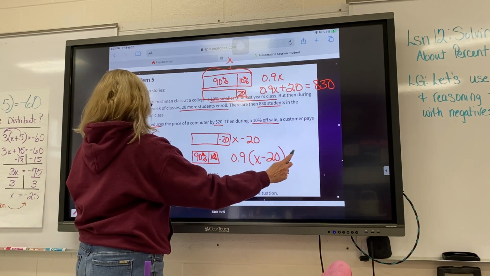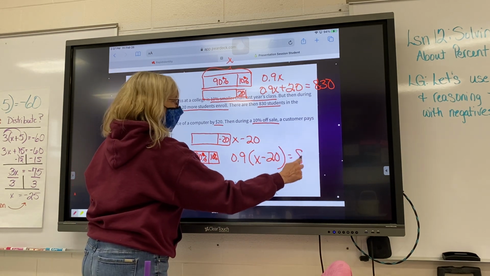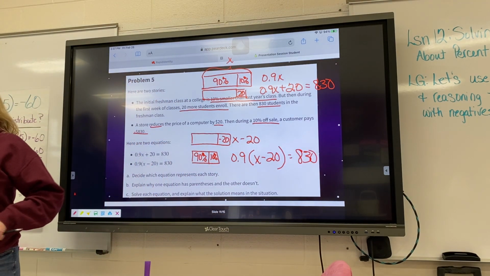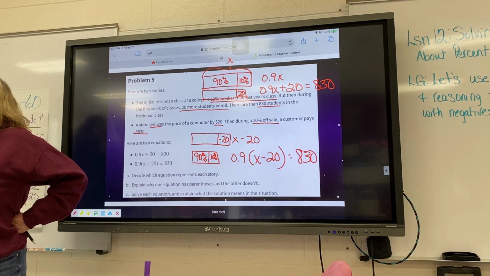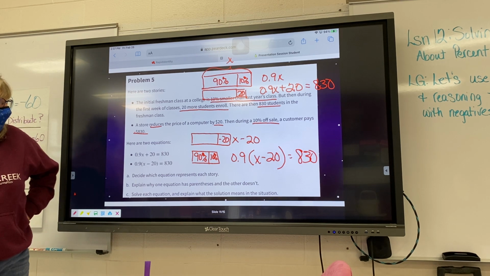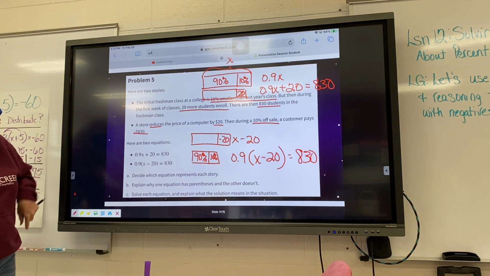Because you have to first subtract the $20. Yes. That forces us to do the $20 first. Anybody see it differently, of why we have to do the parentheses in that one? I liked your explanation. So that's B, or story 2.